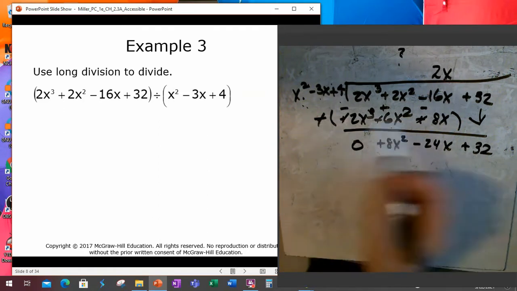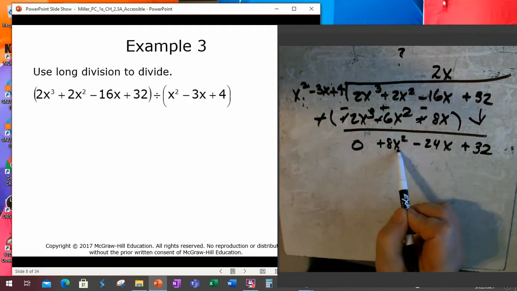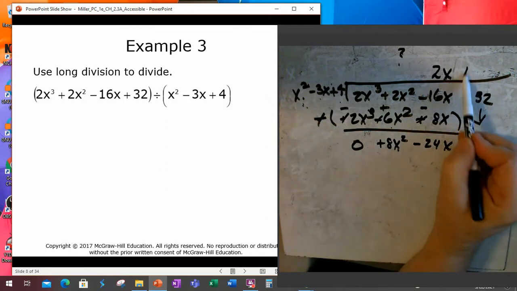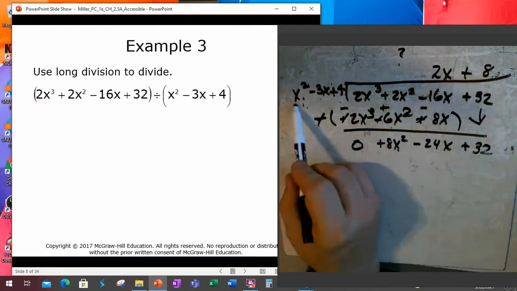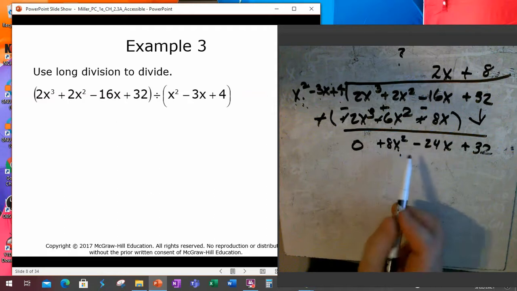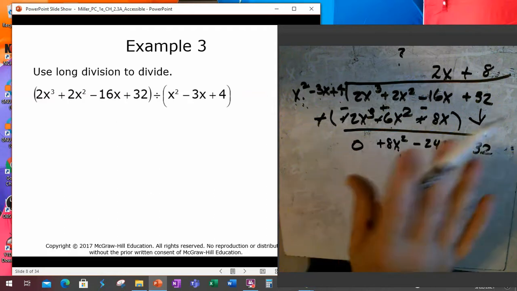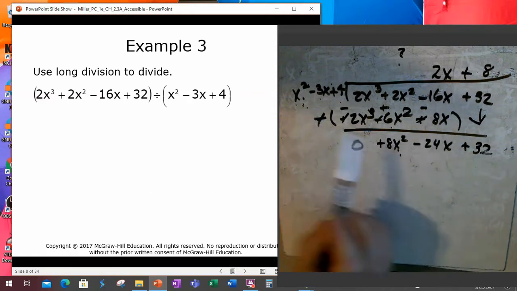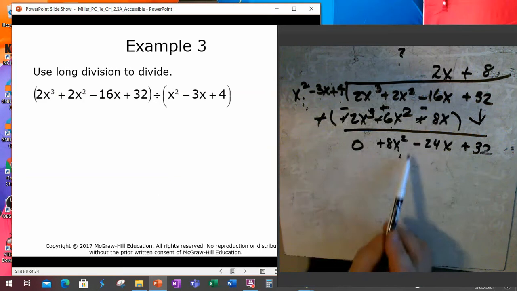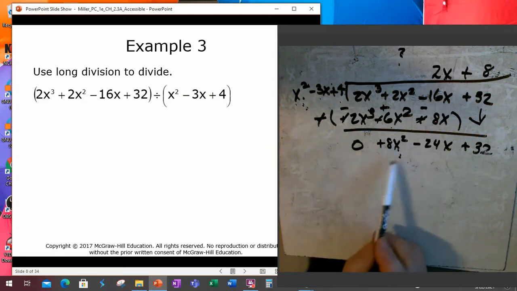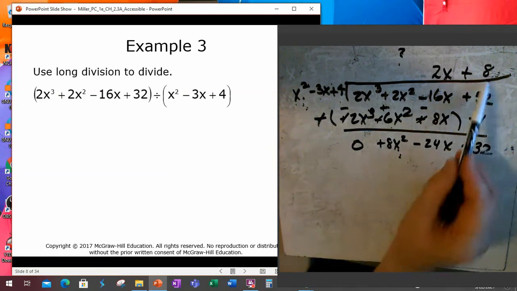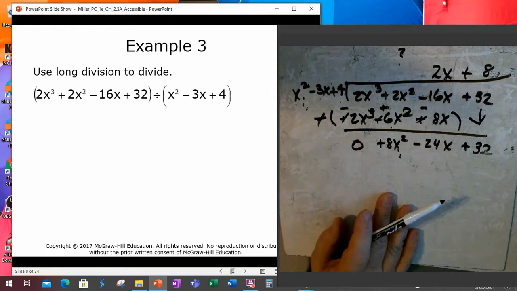Okay? So I want to turn x squared into 8x squared. 8 times x squared to give me 8x squared. If I can't think this thing through, just take 8x squared divided by x squared, that gives you the 8. Okay?